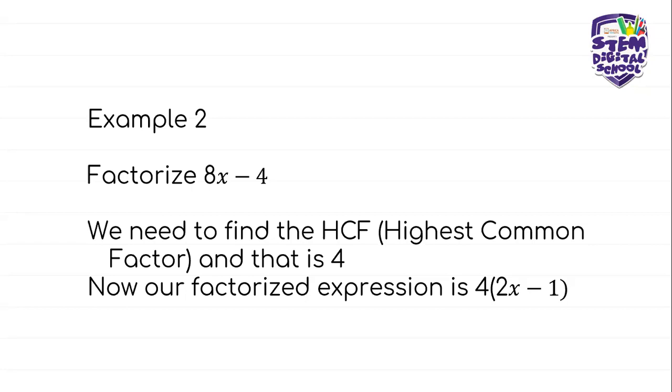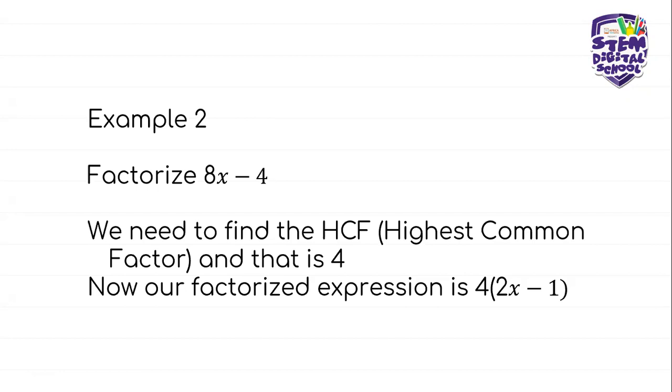For instance, 8x minus 4, we have got two terms there. This is a binomial. In a binomial, if you have to take out any factors, you can just check and you'll be able to tell that 4 in this case will be the highest common factor. If you take out 4, you'll be left with, in the first instance, 2x, and then in the second term, it will be -1.